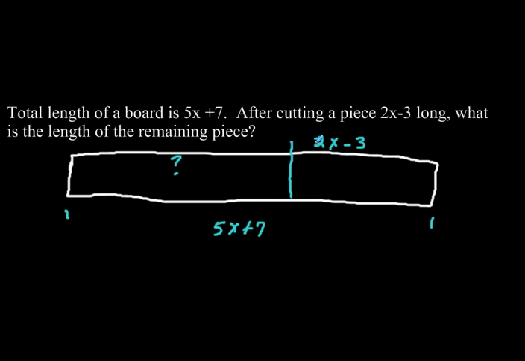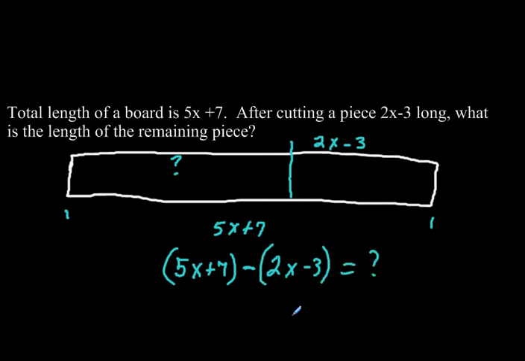Okay, now let's check it out. If we take the total and subtract the piece we cut off, it should give us the question mark. So your equation would look like this: (5x plus 7), I always put that in parentheses, minus (2x minus 3), and it should equal what I want.